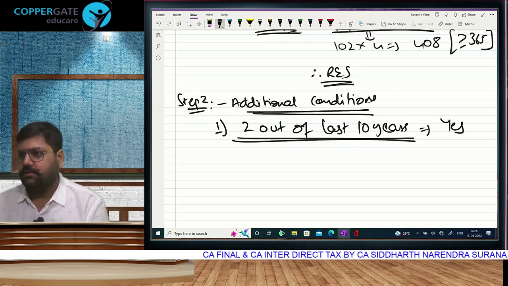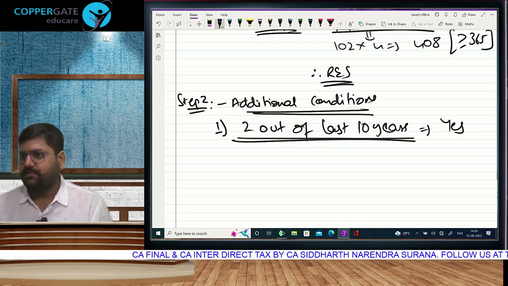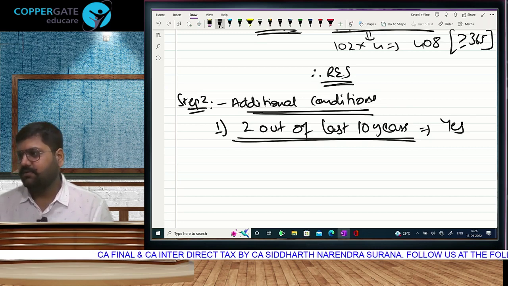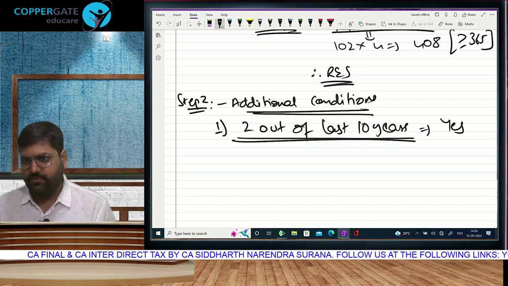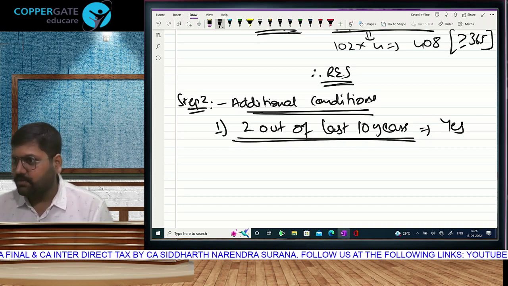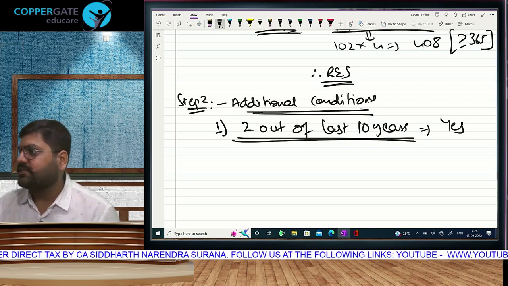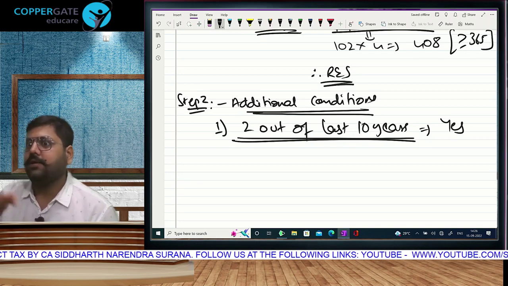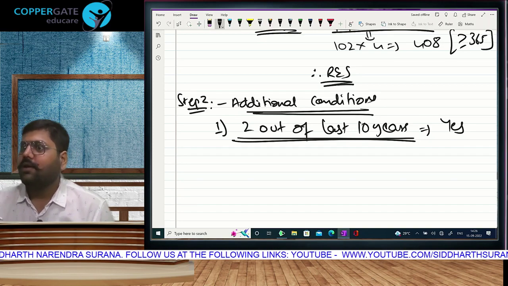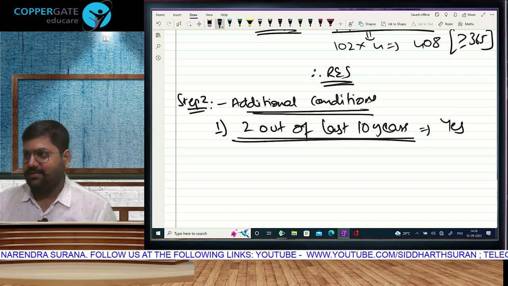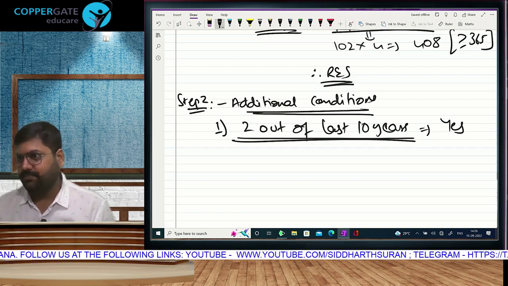Last year 102. उसके पहले का 4 साल 408. So you were resident in last year. The year before that 102. उसके पहले का 4 years 408. I'll tell you something. He is a resident in all the last 10 years, because he is doing 6(3), 6(5) for all the last 10 years. We want only last 2 nahi, any 2 out of last 10. But he is a resident in all the 10. So this condition is fulfilled.